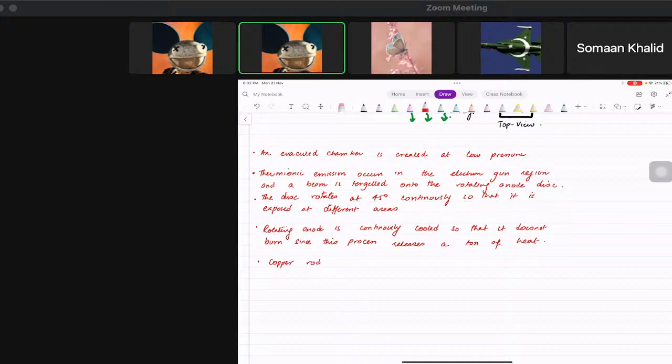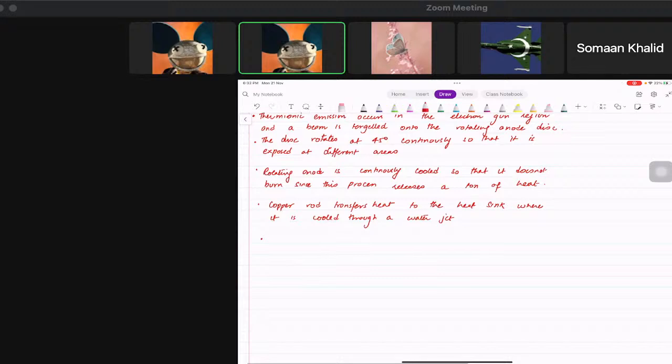A copper rod transfers heat to the heat sink, where it is cooled through a water jet, like that.